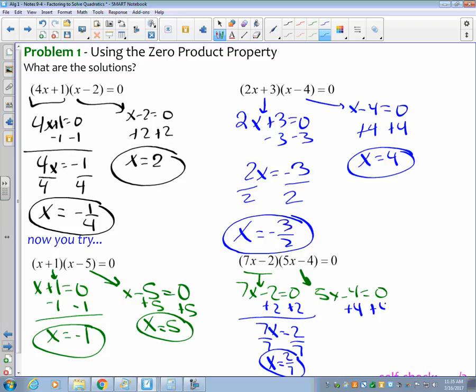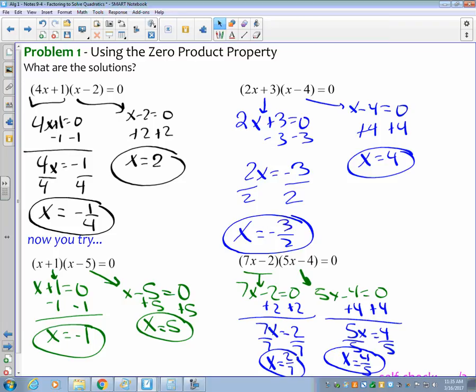We're going to add 4 here and divide by 5. The second answer is x equals 4/5. So both of those are answers. It didn't hurt us at all to have the answers be fractions.